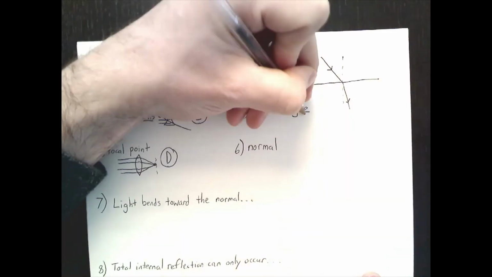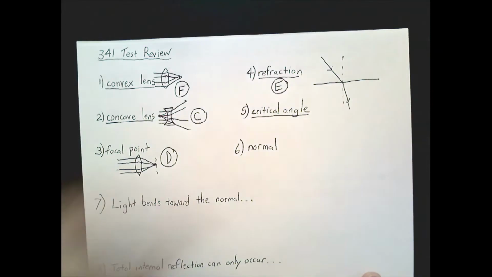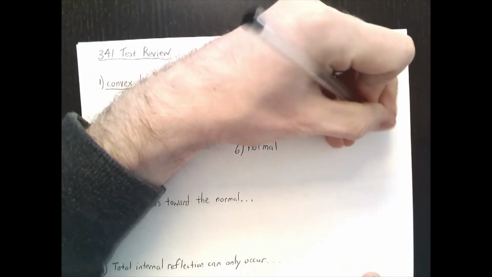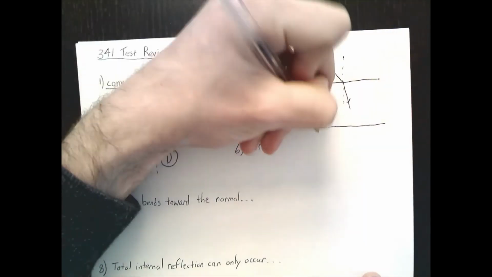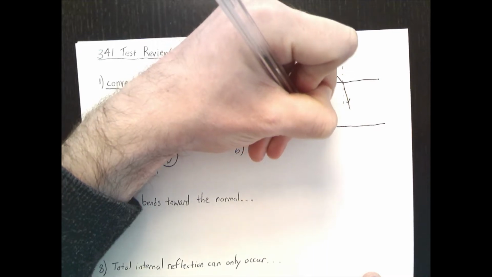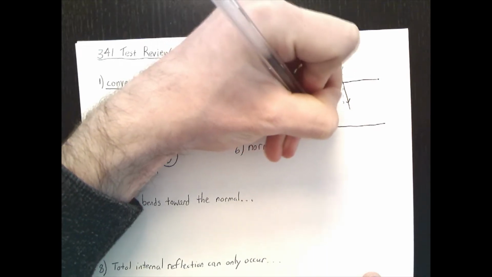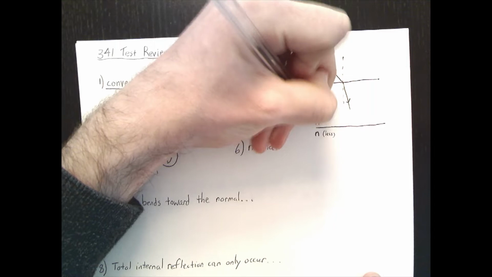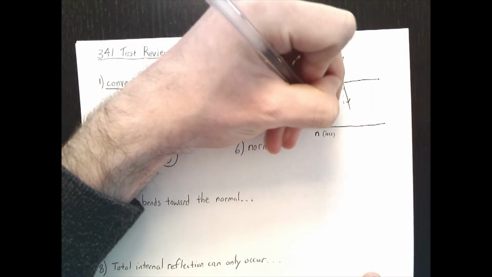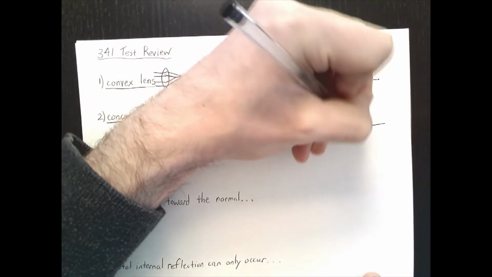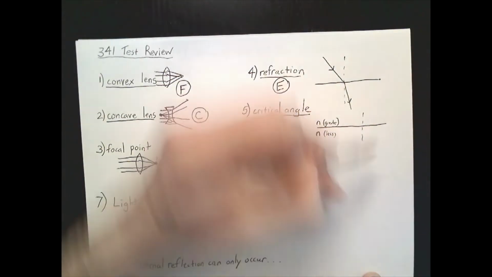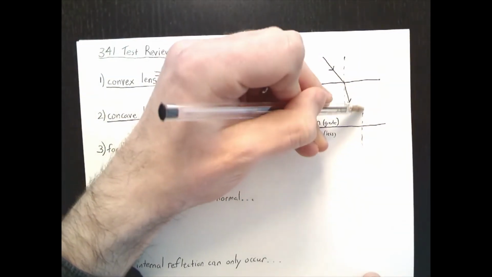The critical angle occurs when I have a material with an index of refraction that is less than the index of refraction we started with. This means that light is going to bend away from this imaginary dotted line here.